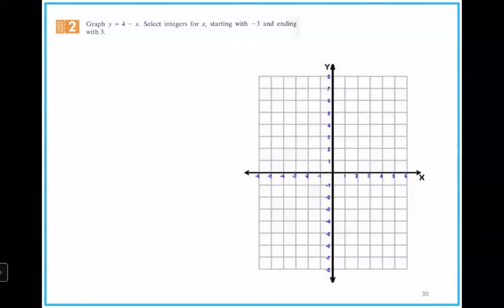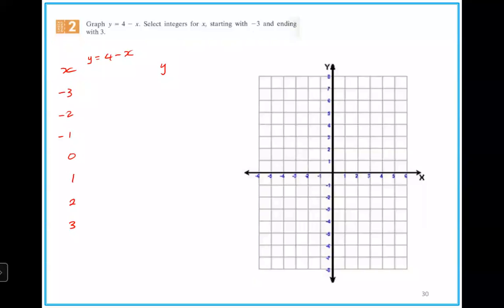We're going to do x and then y, and then we're going to use -3, -2, -1, 0, 1, 2, and 3. The equation we're looking at is y equals 4 minus x.